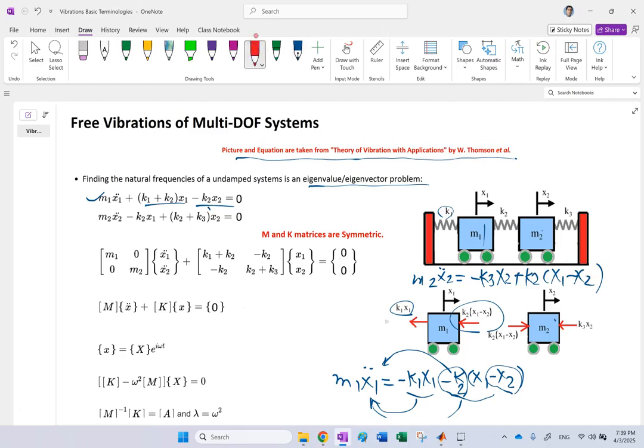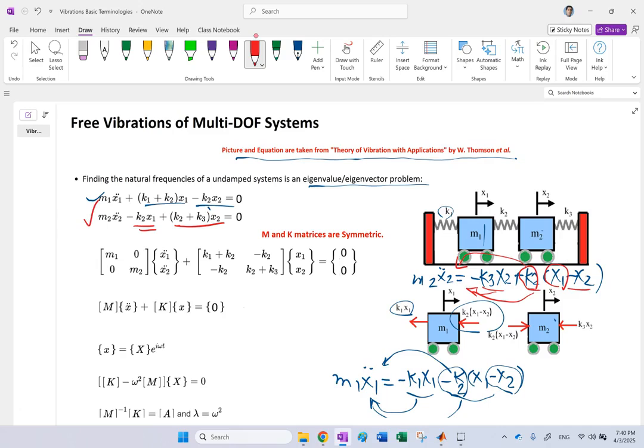Again, if you bring these two negative x2 terms to this side and factor out x2, it's going to become positive x2 times k2 plus k3, which is this guy. And this positive term, which is k2 times x1, if you bring it to this side, becomes negative k2 times x1, which is this one here. Again, equals 0. So you see, these are the two governing ODEs.